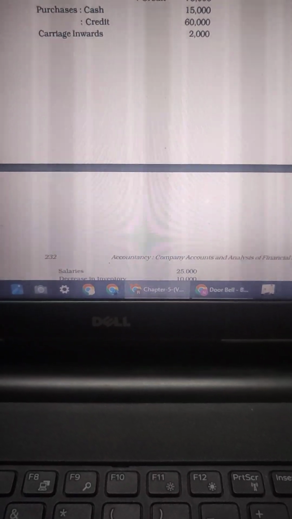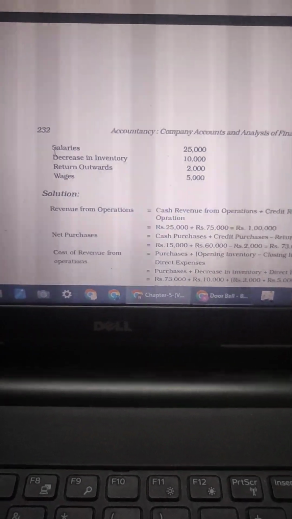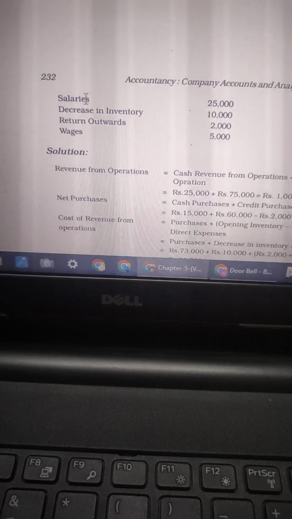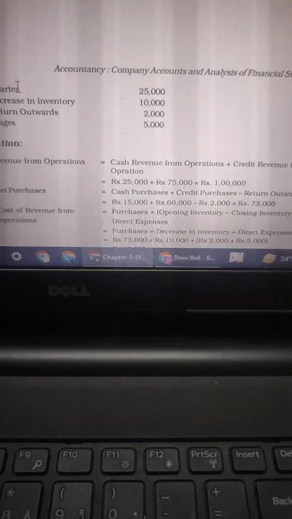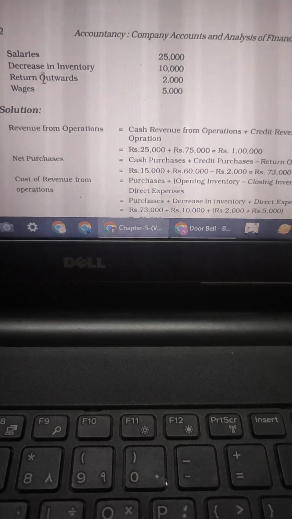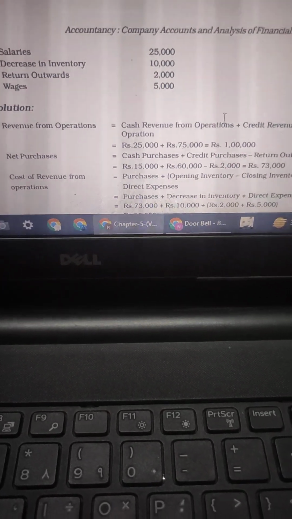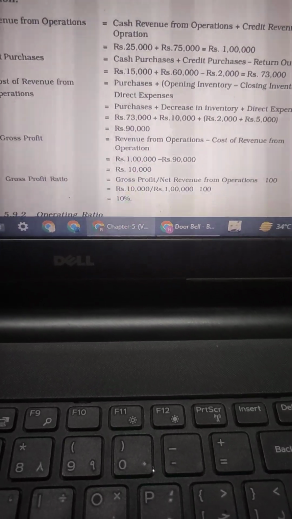Carriage inwards means the carriage charges for bringing the goods to the production center for making the final product. Then here there is given salaries. Salaries is not a direct expense, it is an indirect expense, not related to the manufacturing of the product. So it is not to be taken. Then there is wages. Wages is a direct expense. So all these things we have to add.